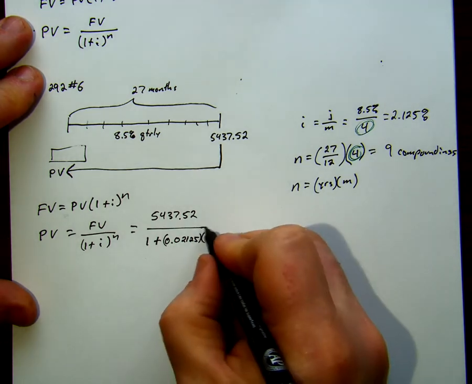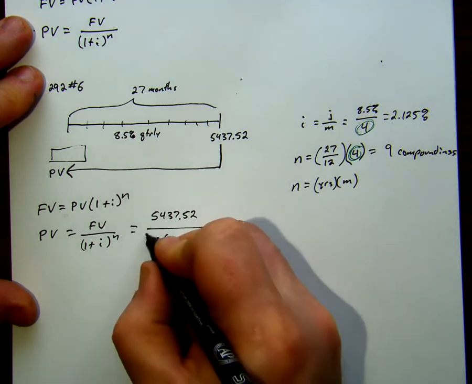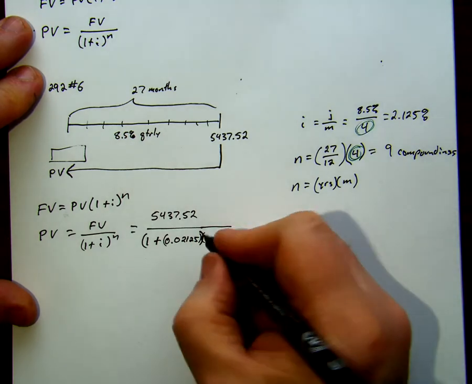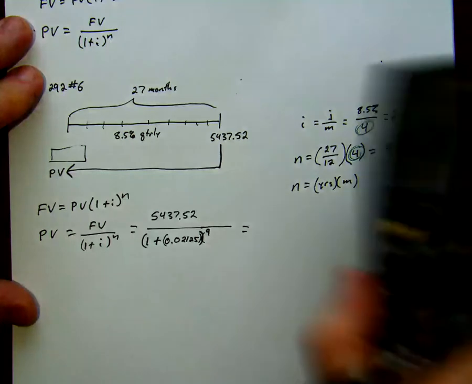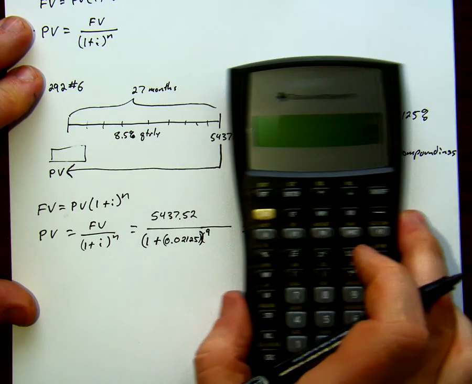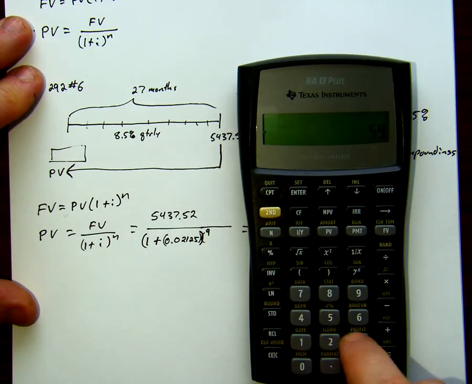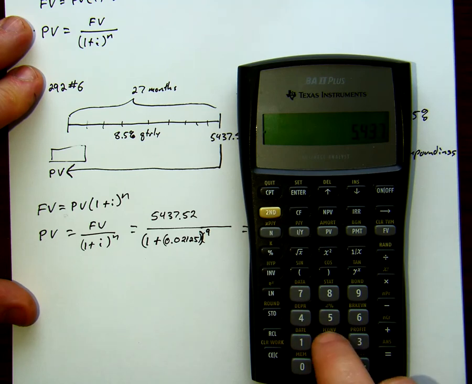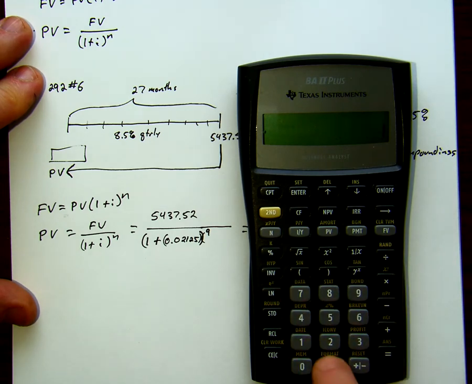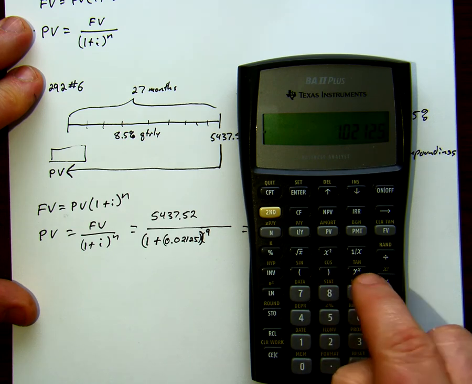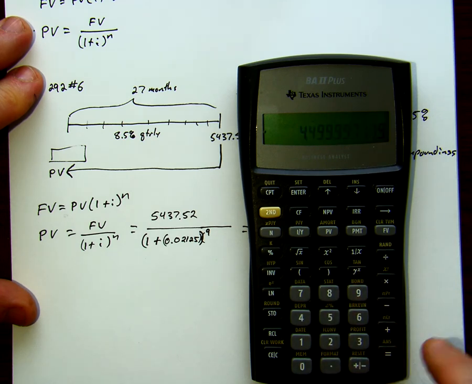And the n is 9 compoundings, so the exponent 9. So we do the calculation: 5437.52 divided by 1 plus 0.02125, exponent 9.